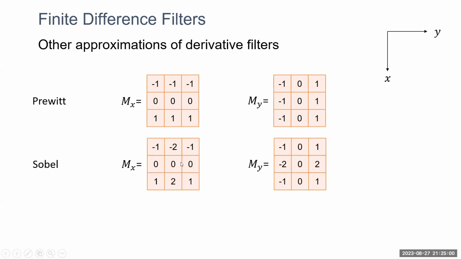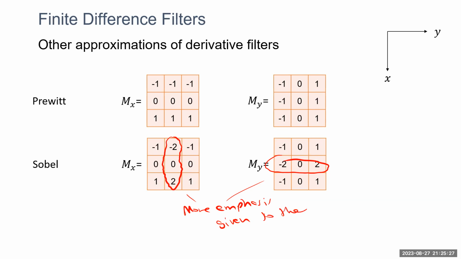There is more emphasis given to the center area in the Sobel kernel. That is the difference here.